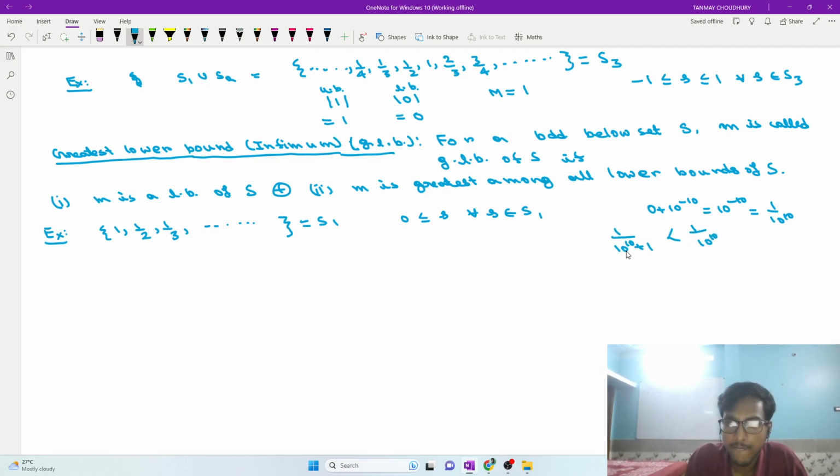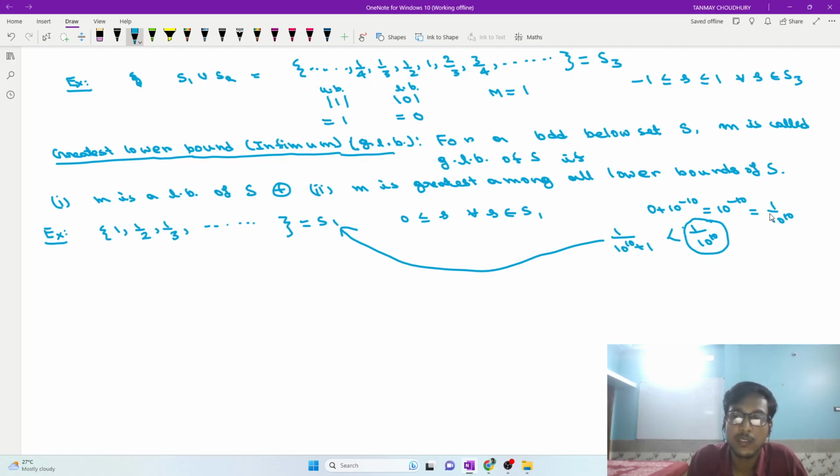Since 10 to the power 10 plus 1 is greater than 10 to the power 10, for its reciprocal the inequality sign will invert. So what it means is that now this 1 by 10 to the power 10 is no more a lower bound, because for a lower bound it has to be less than or equal to all the members of the set, but we have obtained a member which belongs to S1 and is less than 1 by 10 to the power 10.